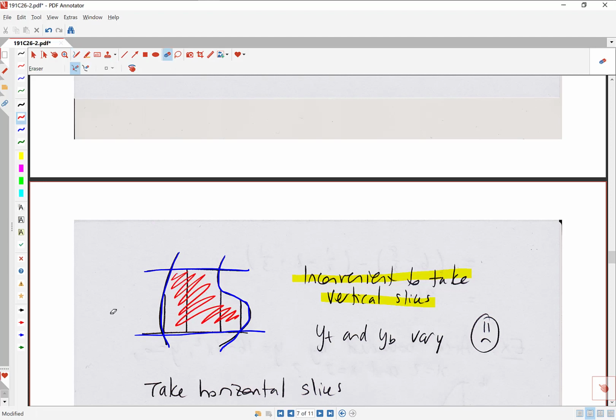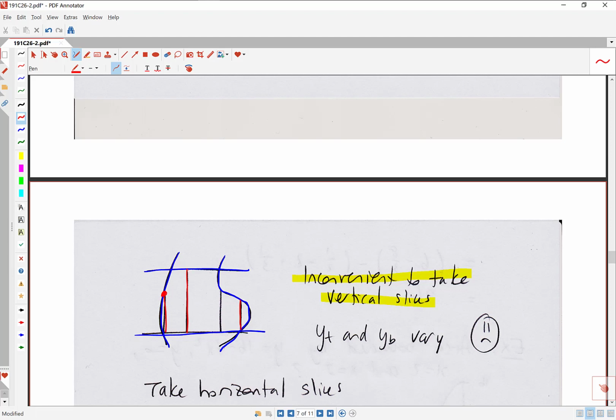Now let's think about why vertical slices would not work very well here. So imagine covering this area here with vertical slices. One vertical slice might look like this, another one might look like that, another one might look like that. So if we ask what curve is forming y top, well, for the vertical slice on the left, it's this curve here.